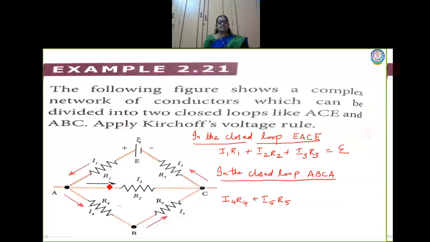As far as this arrow is concerned, I am moving from C to A, but the current direction is from A to C. So in this case, I will have minus I2 R2, which is equal to, as far as this loop is concerned, there is no cell connected. Look at this loop A, B, C, A, there is no cell, so the right side will be 0. This is the equation for the second loop. This is how you should write it applying Kirchhoff's voltage law. Is it clear? We'll do one more sum.